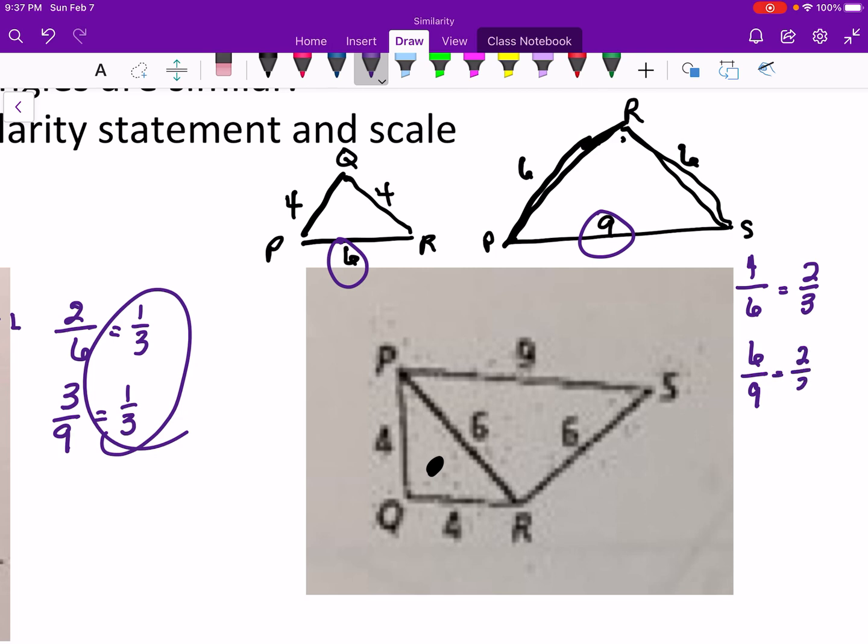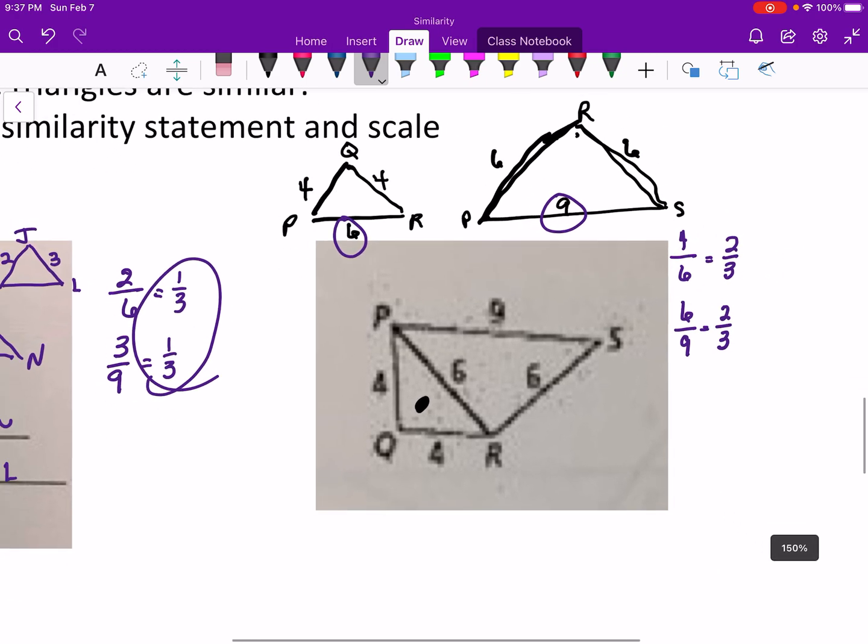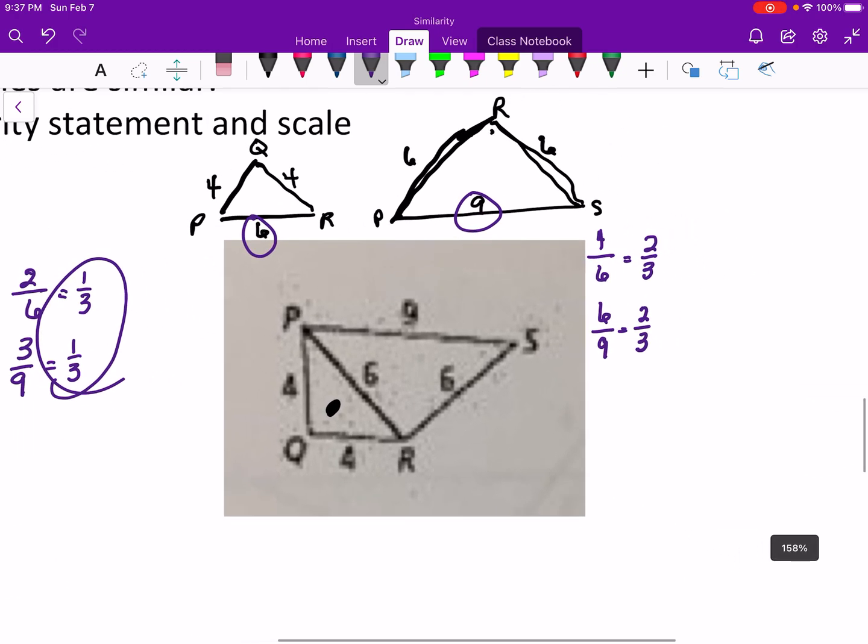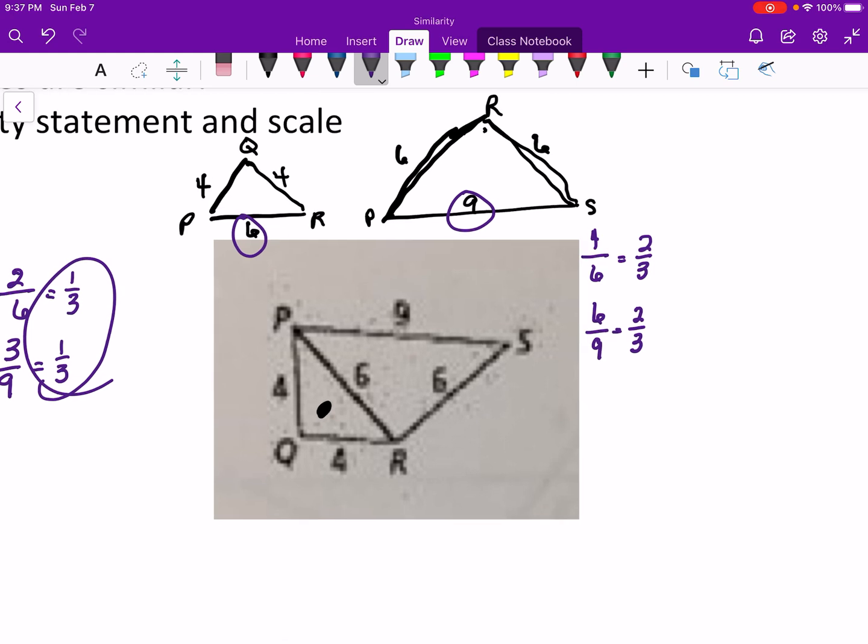So that also reduces down to 2 to 3. So since the ratio of all the sides reduced down to 2 to 3, they are similar. So that's a yes. They are similar by the SSS similarity.